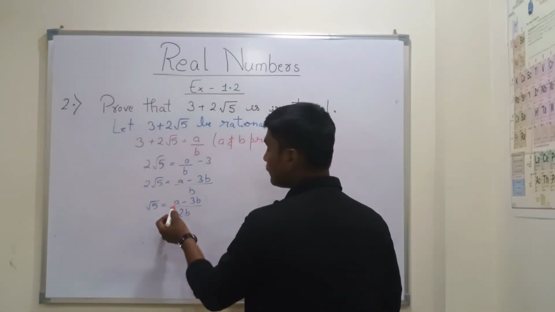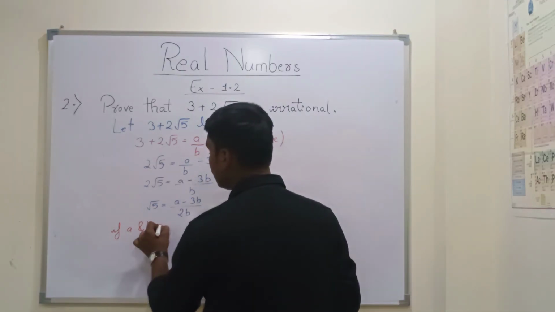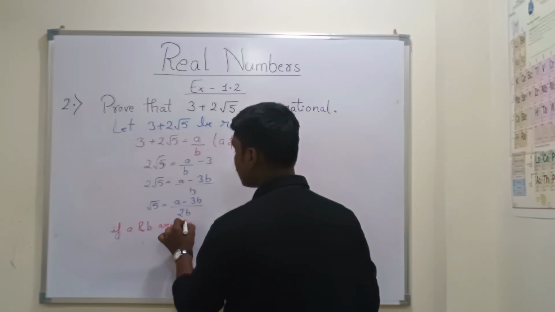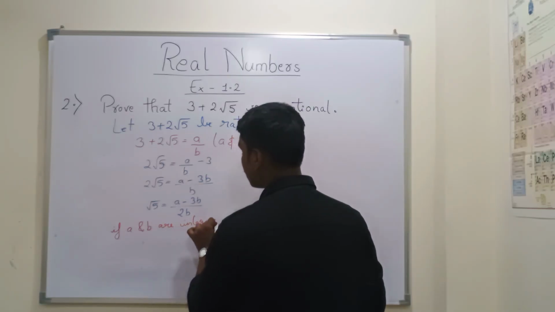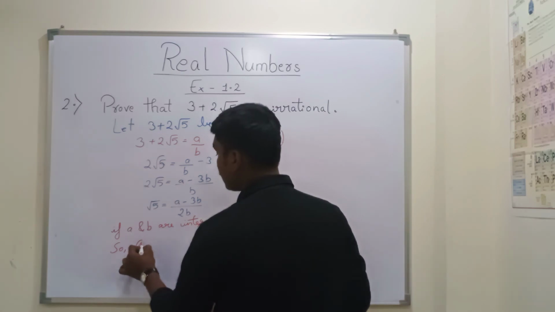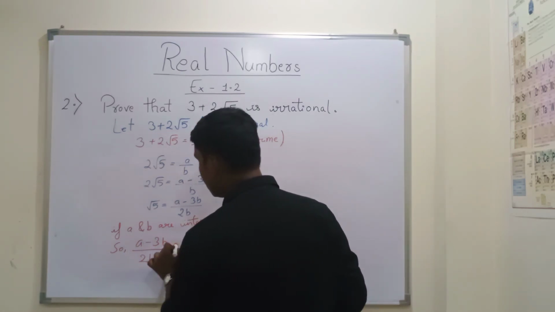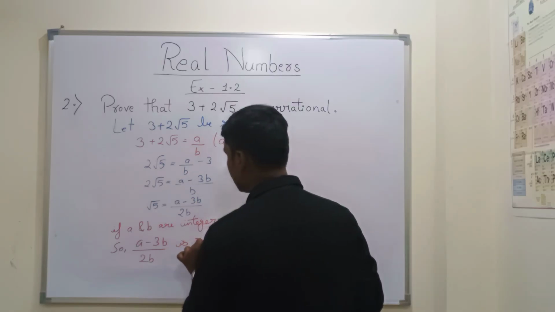Here we can see that if a and b are integers, so a minus 3b upon 2b is rational.